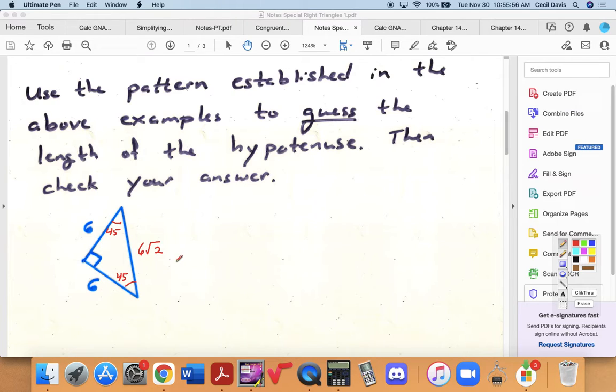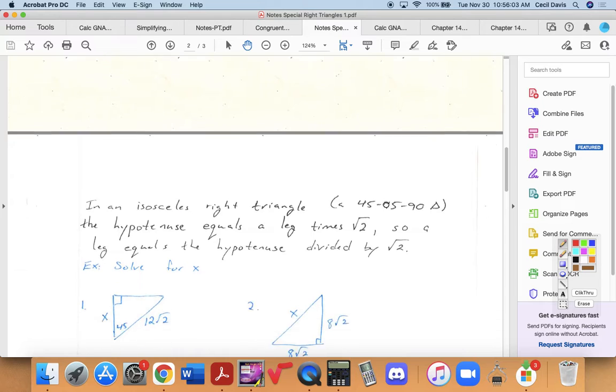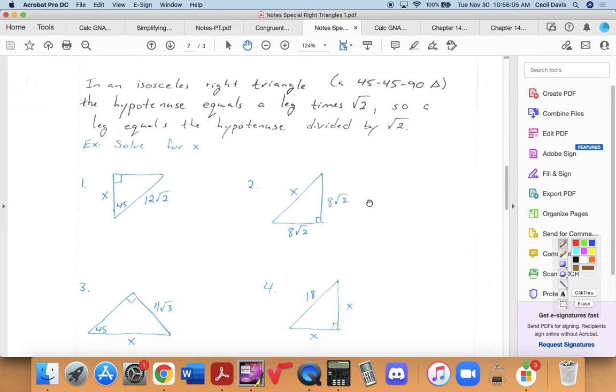I think that saying 45-45-90 triangle takes longer than isosceles right triangle. Most people say 45-45-90. Why don't we just call them triangles? Because it's not just an ordinary triangle.